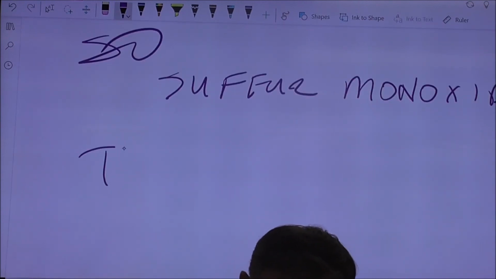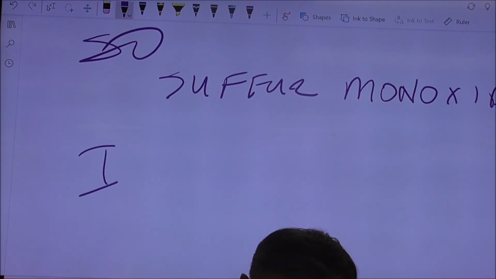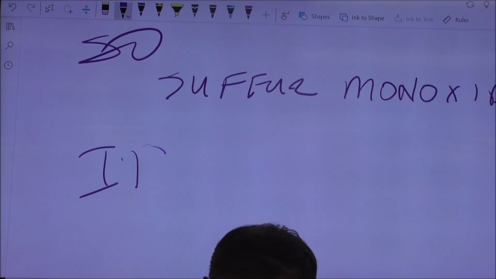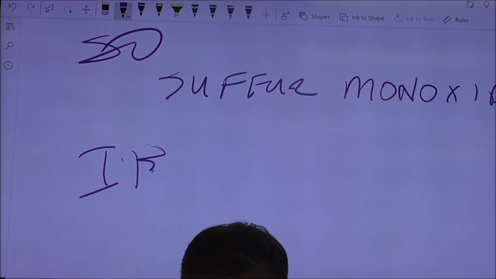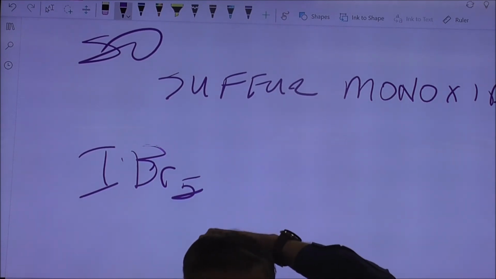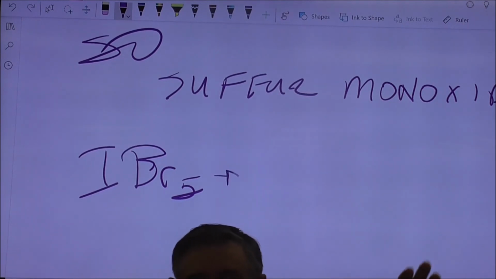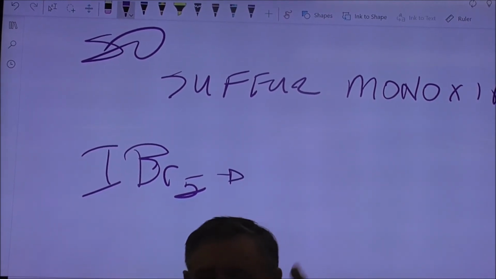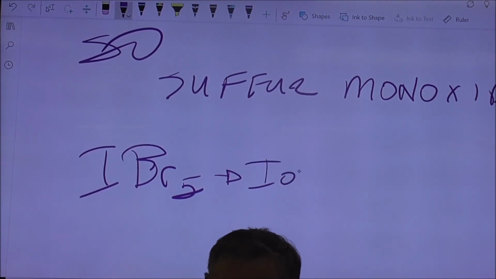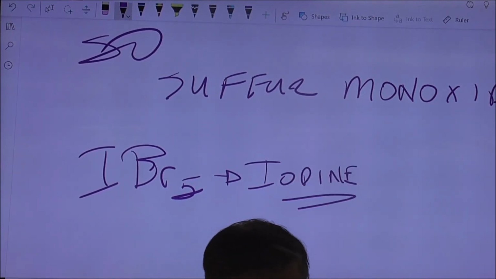IBr5. So Emma, let's name this one. So I is what? Iodine. Yeah. So notice on the first one, I don't change the ending, okay? The first name that I write, I don't change the ending. The only thing I do with the first one is maybe put a prefix in front of it, okay? So that's just iodine. Now, I got 5 bromines.